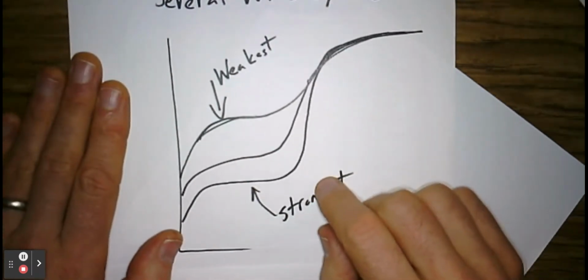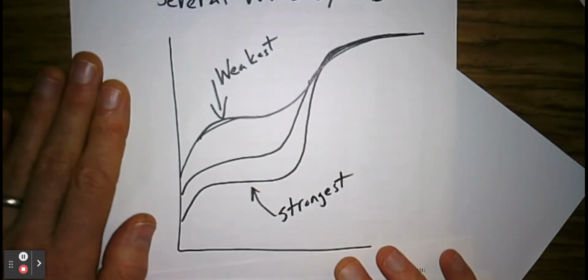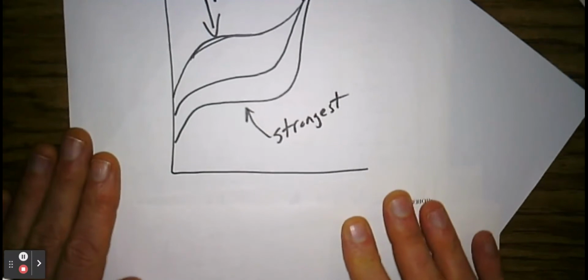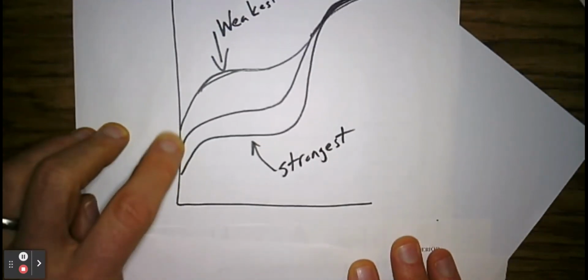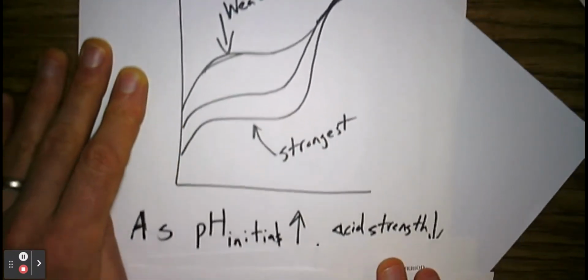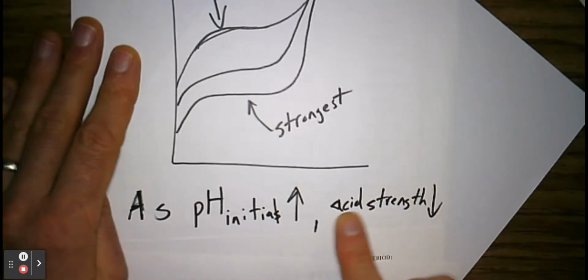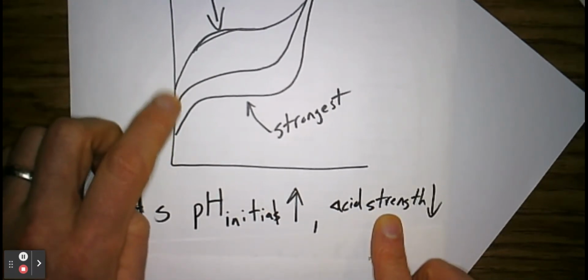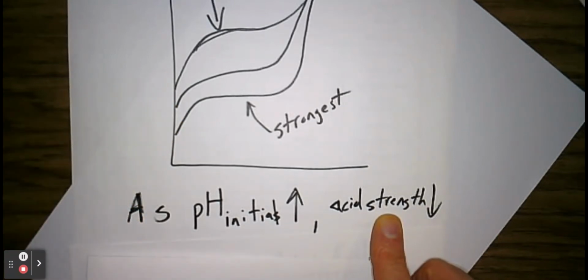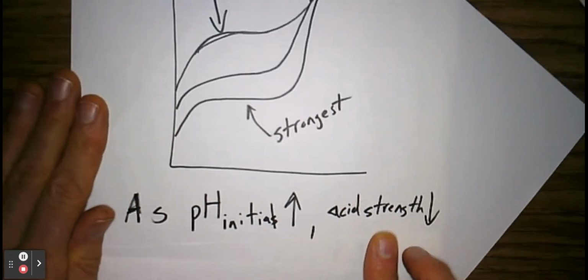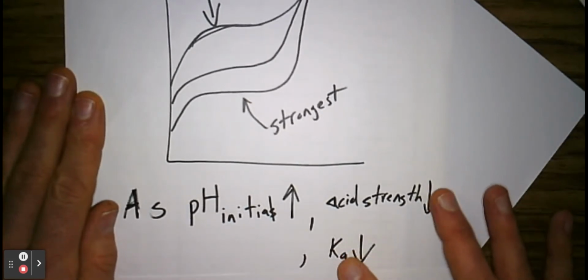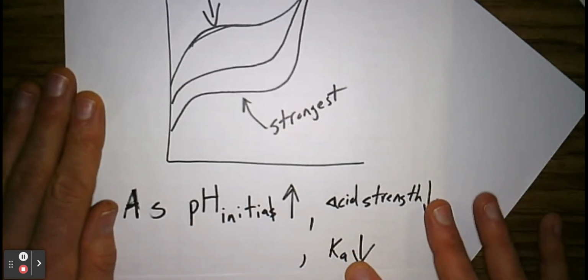And for these weak acids, you can see that the initial pH is higher. All right, that means your acid strength's going down. The higher up you go here, the weaker the acid at the start. There are exceptions, but your Ka value is going to go down because these both are indicative of your acid strength.